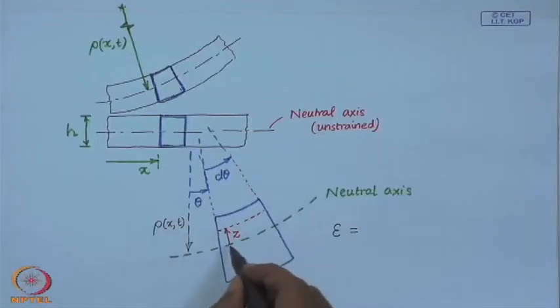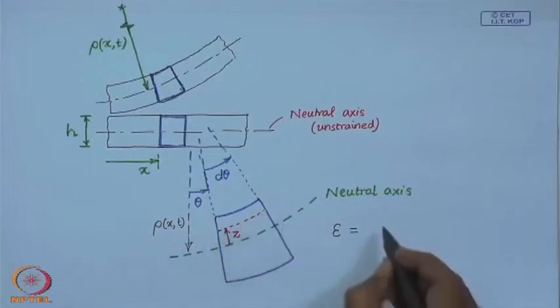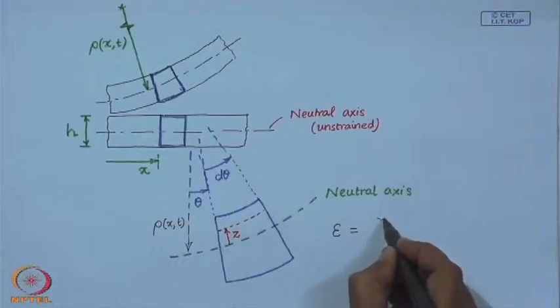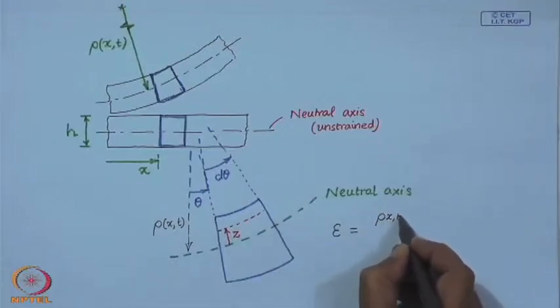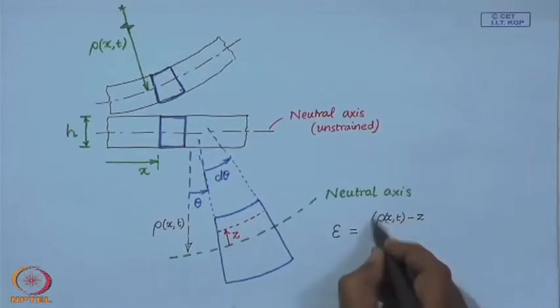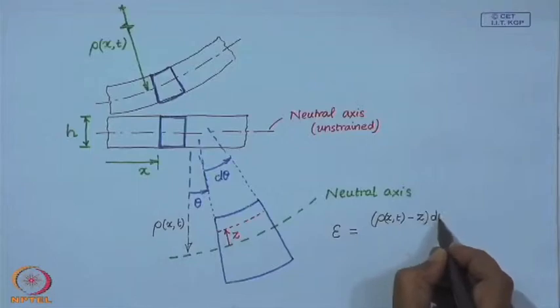So, the deformed length of this fiber is rho minus z times d theta.